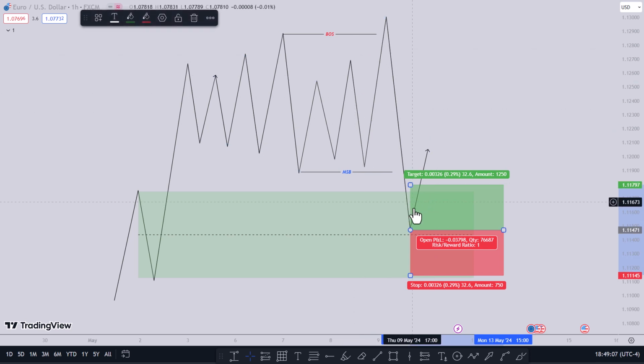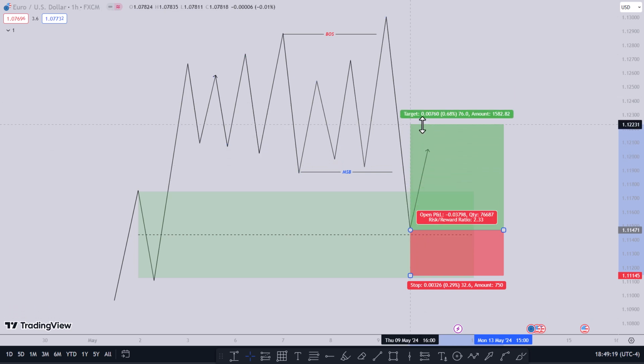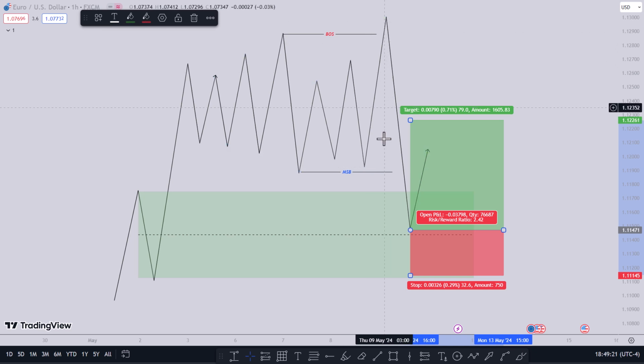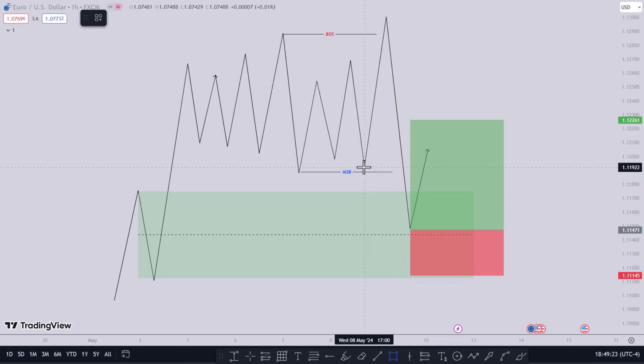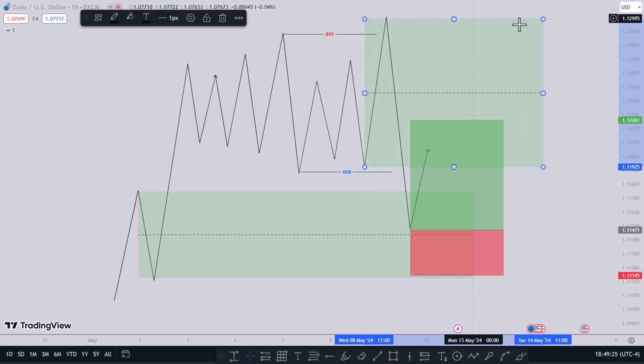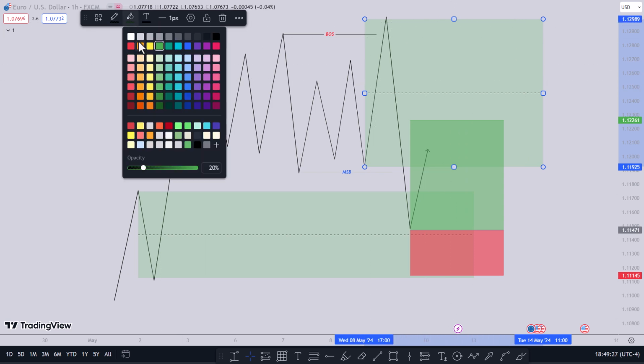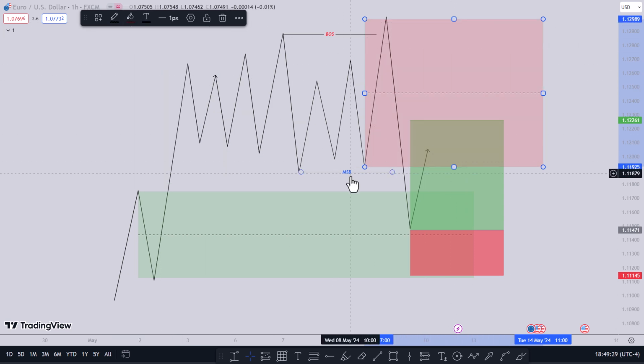So once price sweeps these lows and tops into this previous unmitigated zone, we're going to enter from here. Where is our exit? Our first exit is this previous zone that has been left after the market structure break happened here.